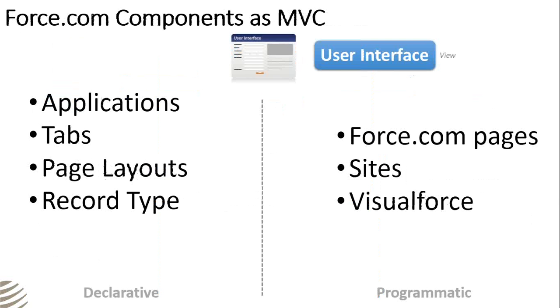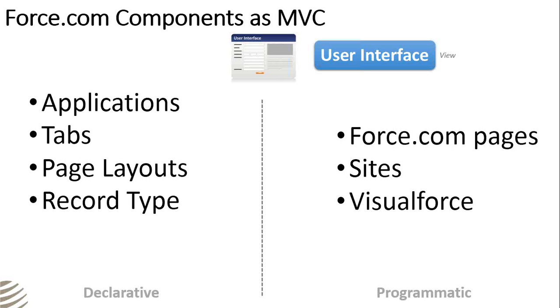So let's start with the first component, that is the user interface. And force.com has, on the left hand side, you can see the declarative components of the view or user interface part, and those are applications, tabs, page layouts, record types, and text boxes, buttons, and all these things.